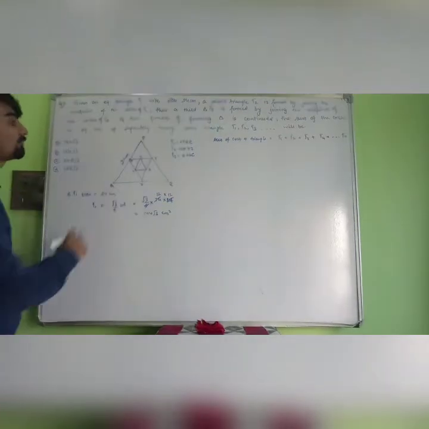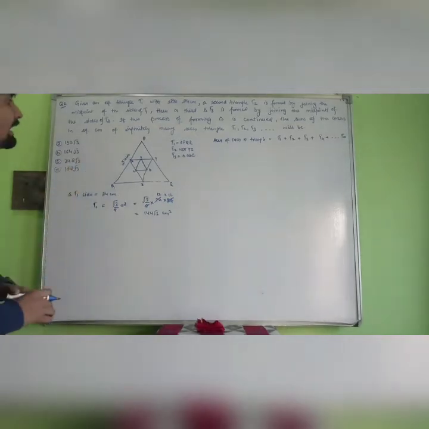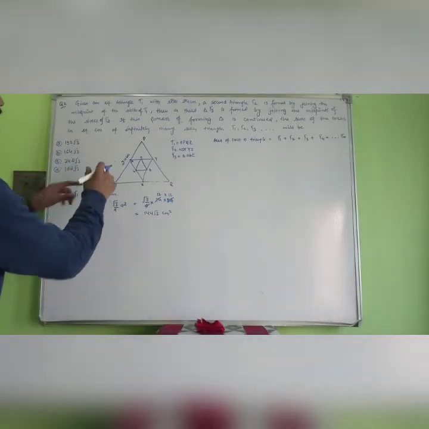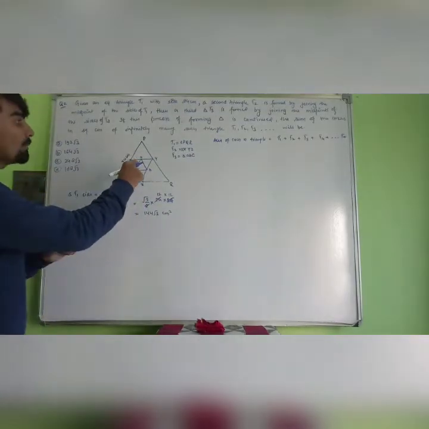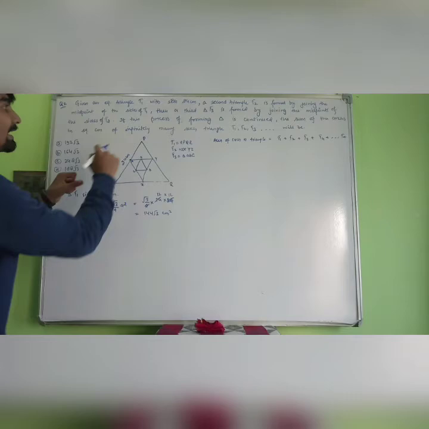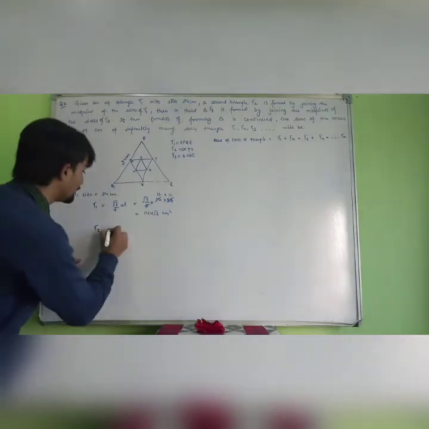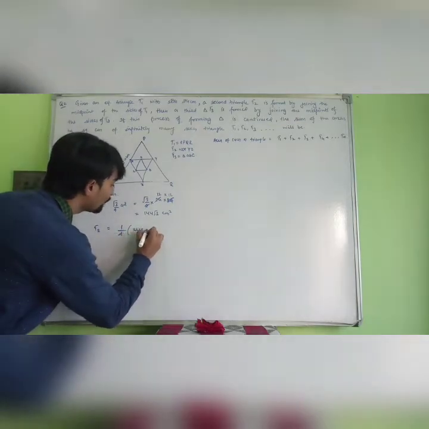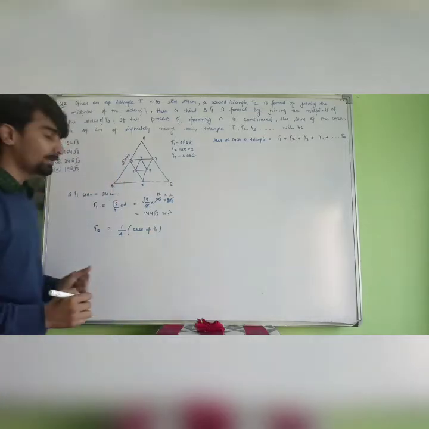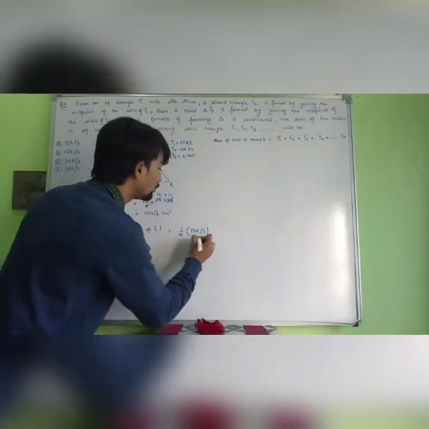Right? Now we have to find the area of triangle T2. Now if we see the figure, it is clearly visible that the area of triangle XYZ, that is T2, is 1 upon 4 the area of the triangle T1, right? So we can write it as 1 upon 4, area of T1 is 144 root 3.